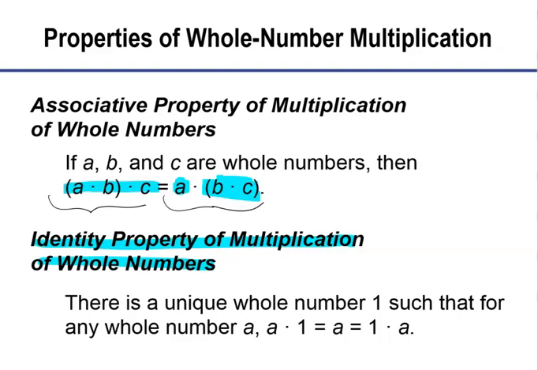So the multiplicative identity is the number 1. We know that a times 1 is the same thing as 1 times a because we have the commutative property, and both of those equal a, the value you started with. So anytime you want to not change the value of a number, you can multiply it by 1 and you will get the same result.